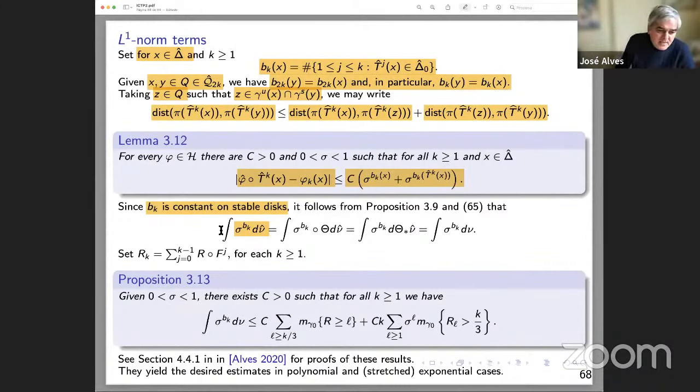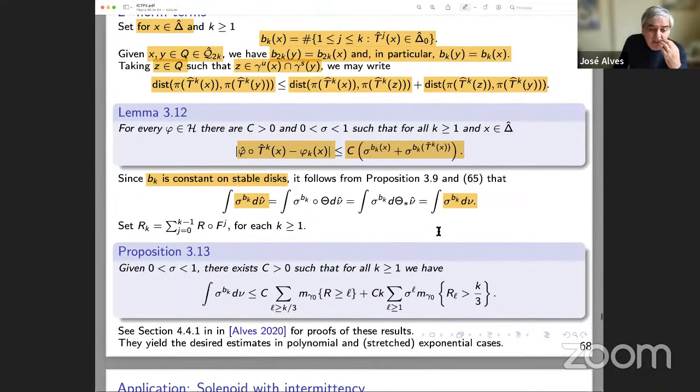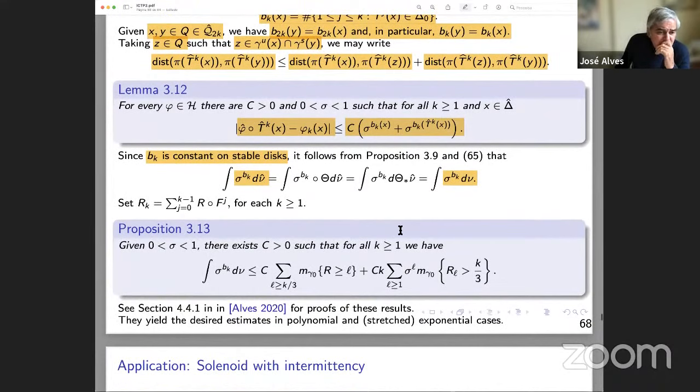And this is to say that integrating with respect to nu hat is the same as integrating with respect to nu, because these bk, according to the way we defined them, are constant on stable disks. And since one measure is projected through the holonomy on stable disks to the other one, we obtain this.